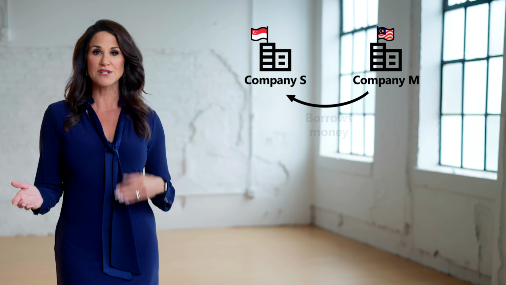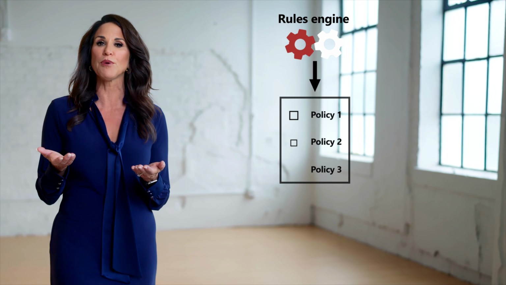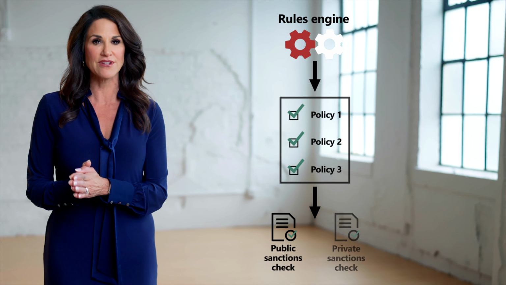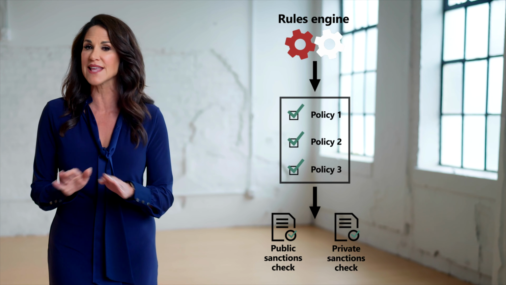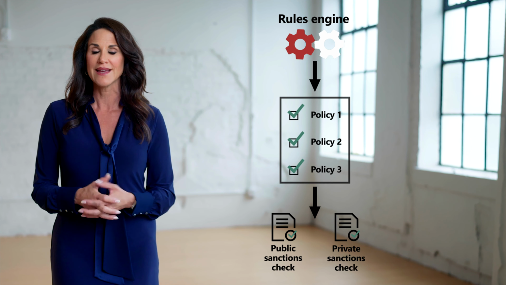The proof of compliance can also be used in a tokenized payment system. To showcase this, let's assume another real-world example. A Malaysian company borrows from a Singaporean entity. The rules engine retrieves the applicable policies. The public and private sanction list checks are conducted the same way as described before. Additionally, Malaysian capital flow management measures apply for this scenario.